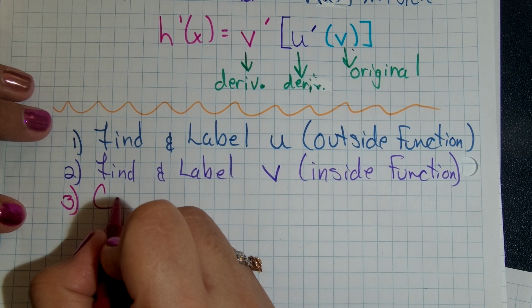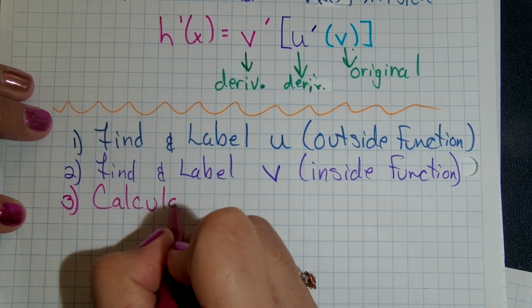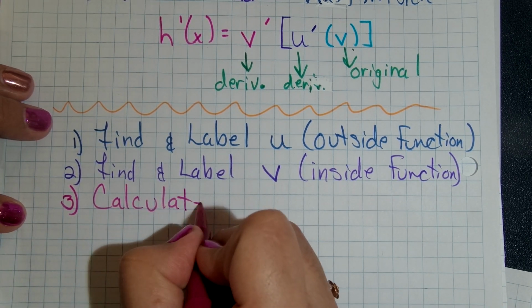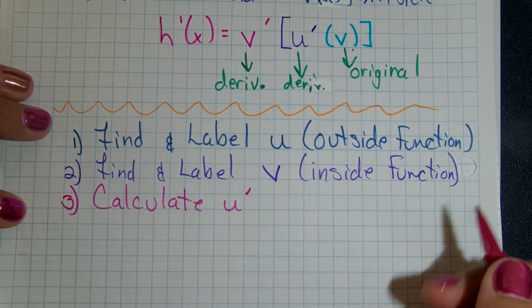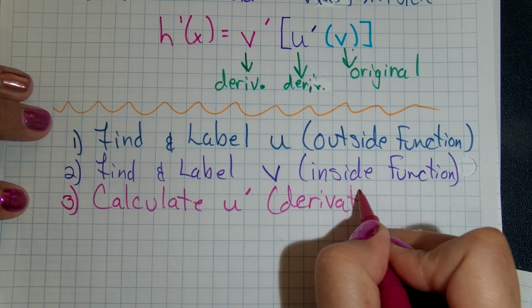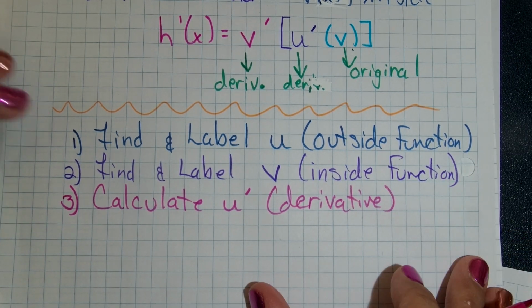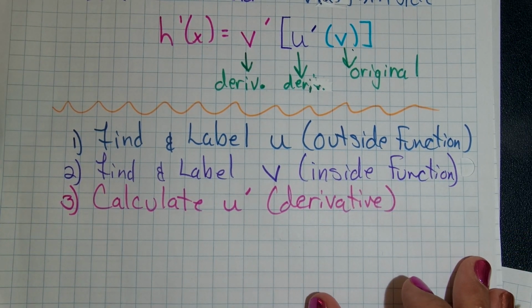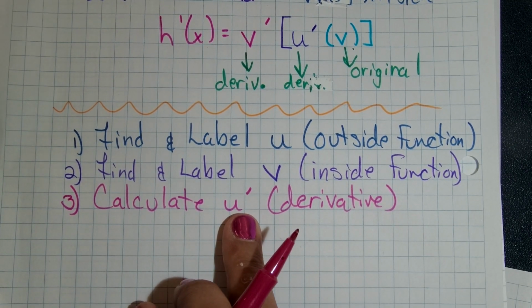Step 3 is to calculate u prime, which is the derivative. As of now, until we get to more rigorous rules, all we're going to use is the power rule.